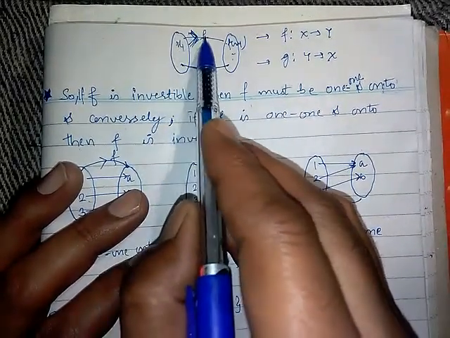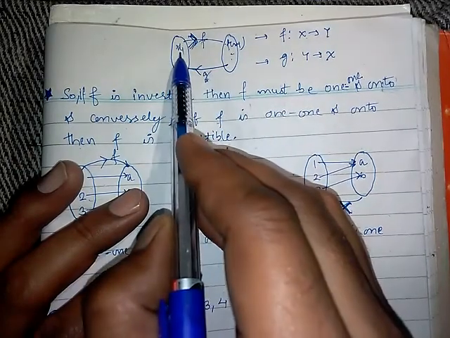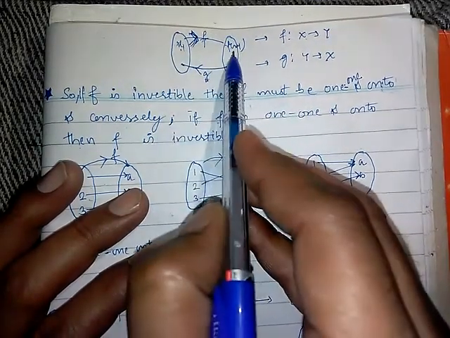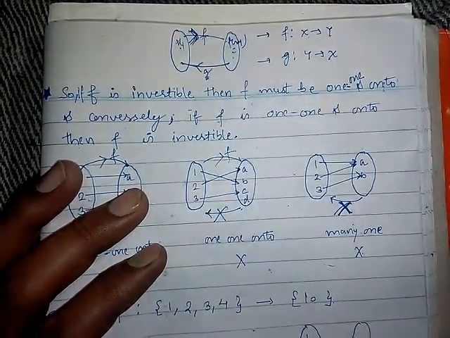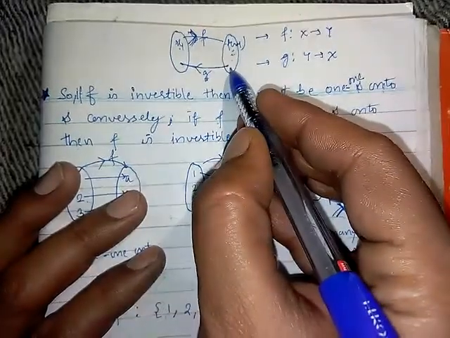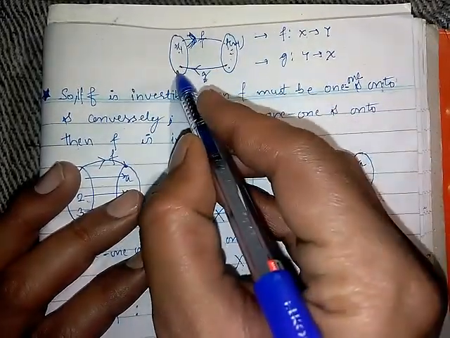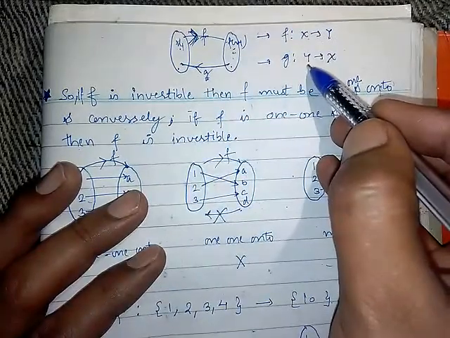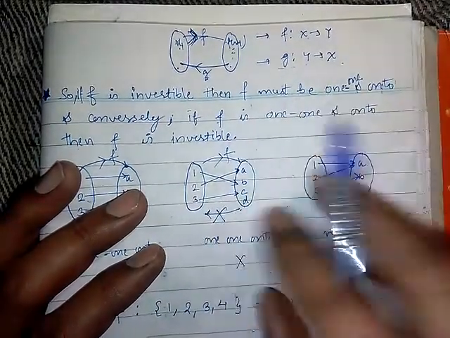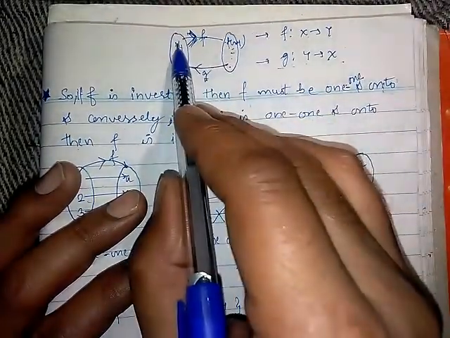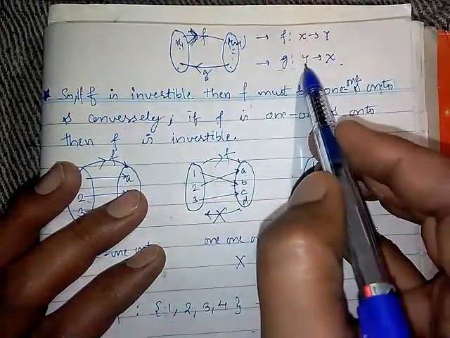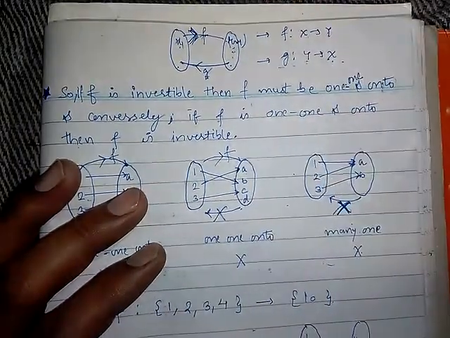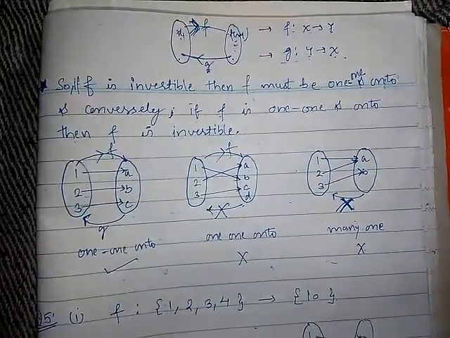First of all, for the function f, x was the domain and y was the range, and here now y will become the domain and this will become the range. So that's why we are calling it inverted. It has become reversed, okay? Earlier it was x to y, now it has become y to x. That means it has inverted.